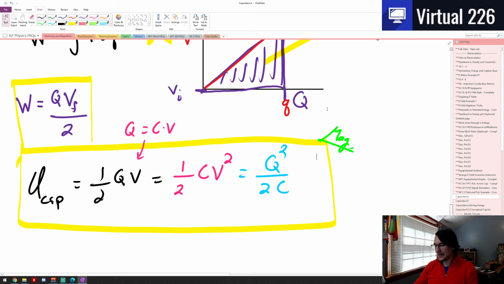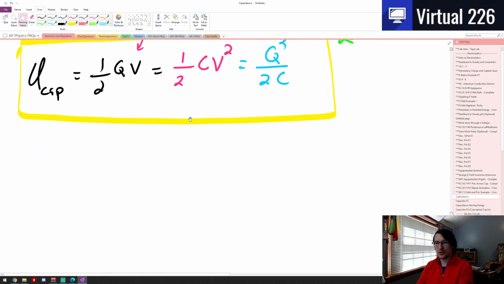Okay, if we wanted to, and this is something that we don't see a whole bunch, can we use the potential energy stored? Can we do this for an E field as well? And we can.